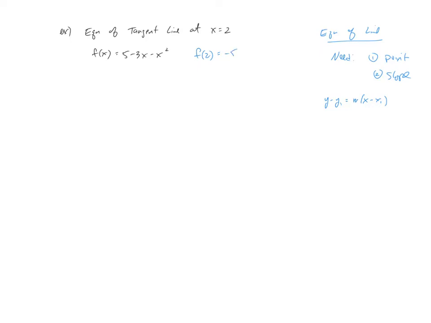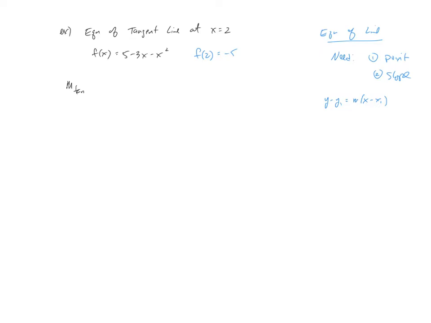So there's my point. Now, for the slope, that's where we're going to have to go and study the slope predictor that we talked about in the last video. So that slope of the tangent line is going to give us a formula, which is essentially a formula that gives us the slope of every single tangent line to every single point on the curve. So let's go ahead and start with that.